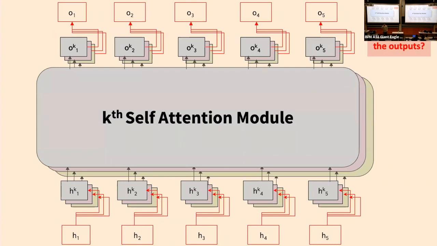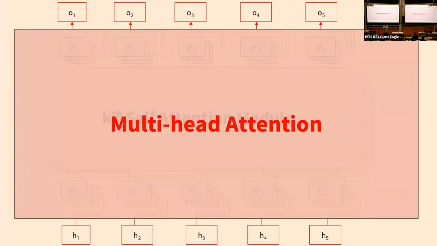What we hope to see happening here is that each of these k heads of my attention module is looking for a different relation amongst the tokens. In terms of, say, language, one might be looking for subject-verb agreement, one might be looking for a dependency parse, or things of that nature. Different ways in which the elements are related to each other. And this gives us multi-head attention. Yeah?